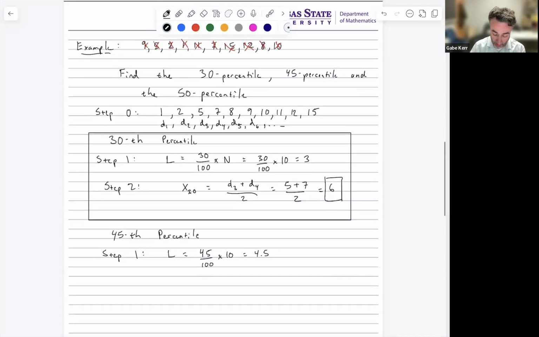It is not a whole number. So when we look at step 2, we need to consider L plus by rounding up. L plus is equal to 5. And so in this case, x sub 45 is just going to be d5. I go ahead and look up. d5 is 8. So I'm in good shape. No computation necessary. There we go.